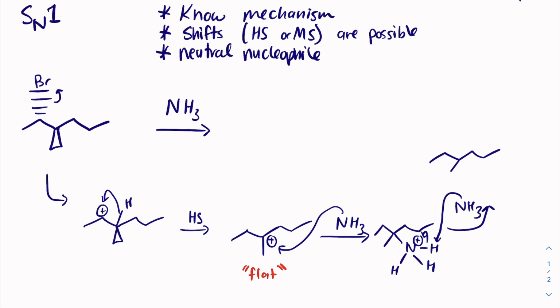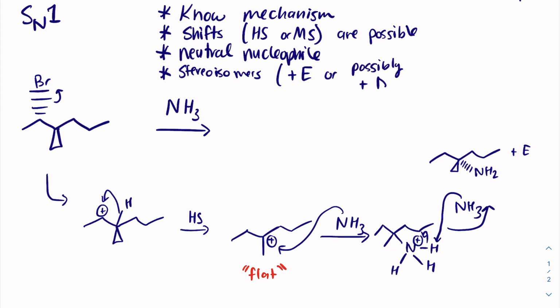And so what we'll end up with is maybe a wedge methyl and a dash NH2 plus the enantiomer. And so what I'm going to add is we get stereoisomers, which is typically your enantiomers, or possibly sometimes diastereomers.